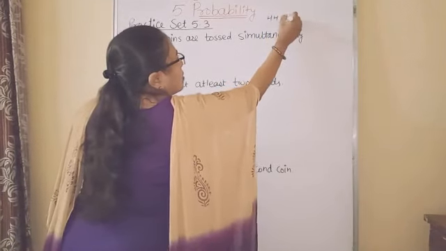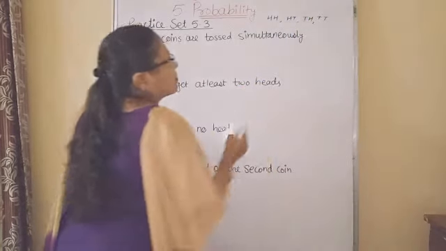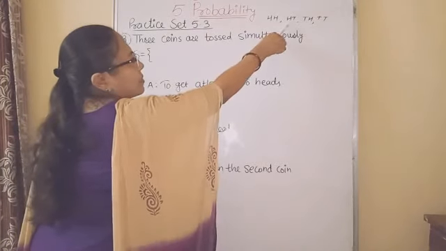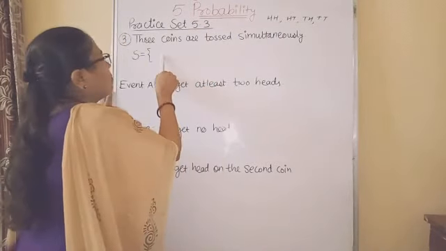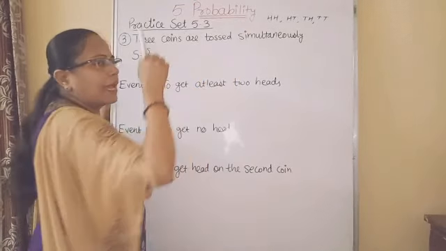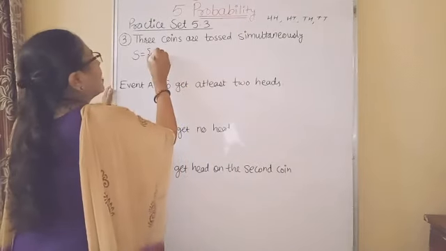HH, HT, TH, and TT. Okay, so you have to take these results. First you have to write H with this result. For example, the first result we will write HHH.